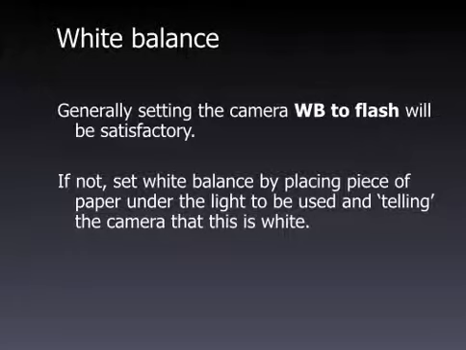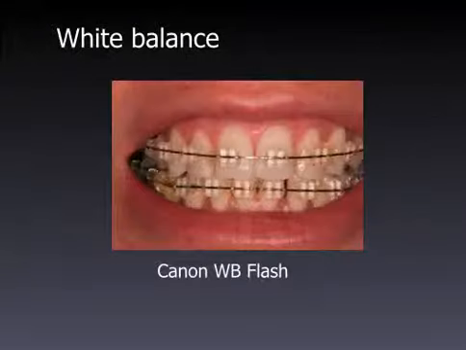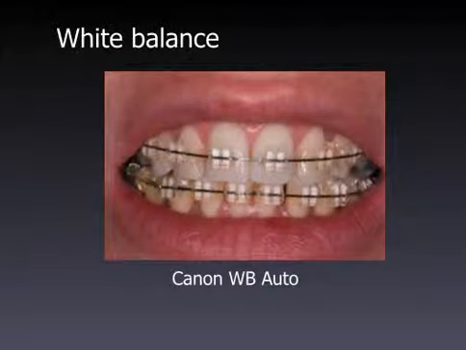To try and illustrate what is white and what is not white and how it differs from camera to camera, this was taken on a Canon with the white balance set to flash. Here, on the Canon, we set the white balance to automatic this time.